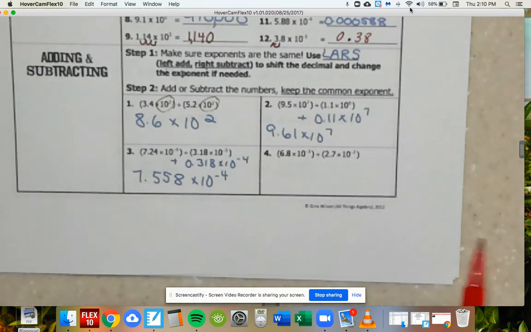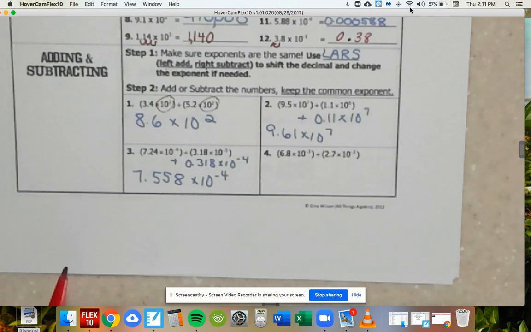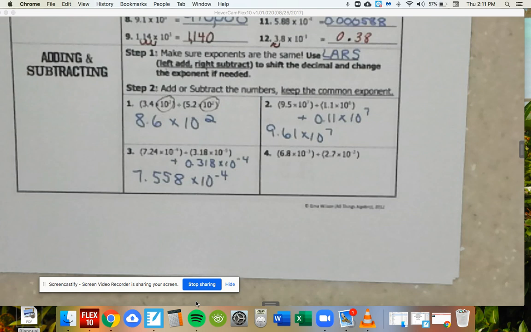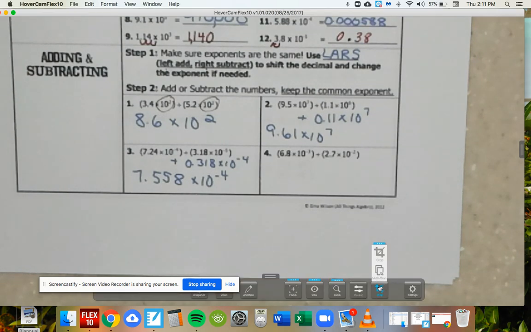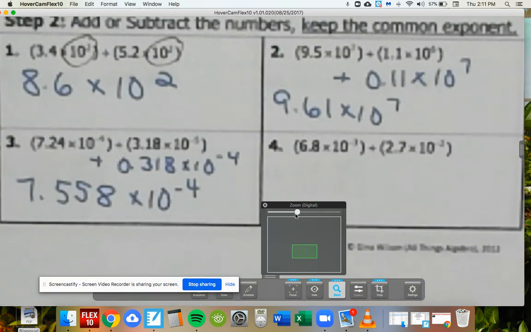Okay, let's do some that we didn't do during class. Here's one. I really wish I could zoom in. Let me see if I can zoom in a little bit. Hold on, you must learn to be patient with me. That definitely makes it bigger, but it's not any clearer. Let me try this. Autofocus?